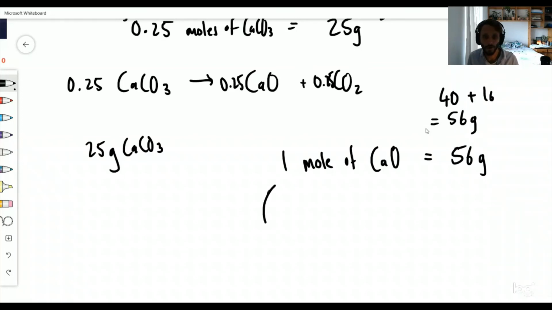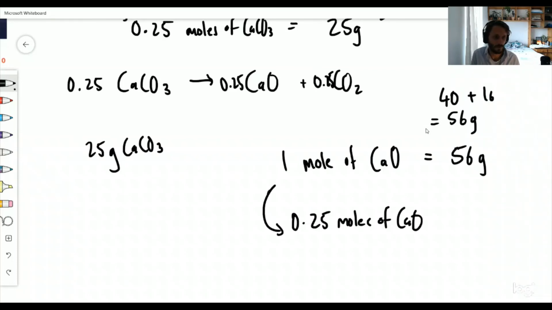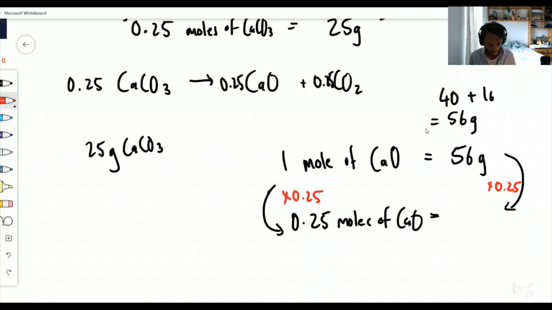We want to know how many grams 0.25 moles of calcium oxide weigh. Well, how do I go from 1 to 0.25? I simply times by 0.25. I can do the same thing to this side. So you type into your calculator 56 times 0.25 and I get 14 grams.